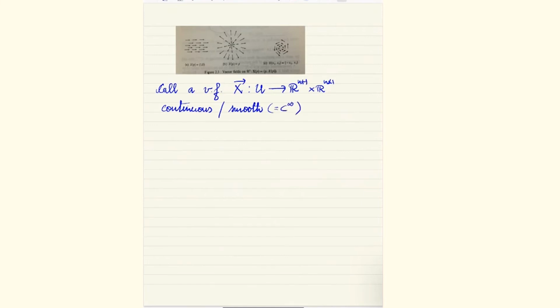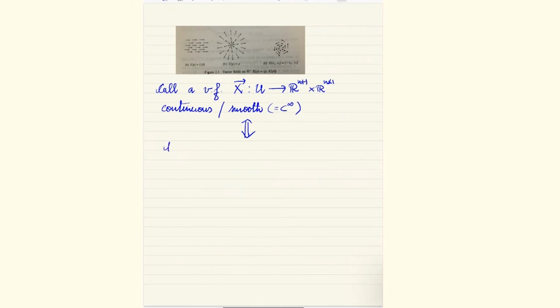You would have seen C1 and so on: once continuously differentiable is C1, twice continuously differentiable is C2, just continuous is C0. So C infinity is Ck for all k, and those we call smooth. U, of course, is open, so I'm not going to mention that separately.